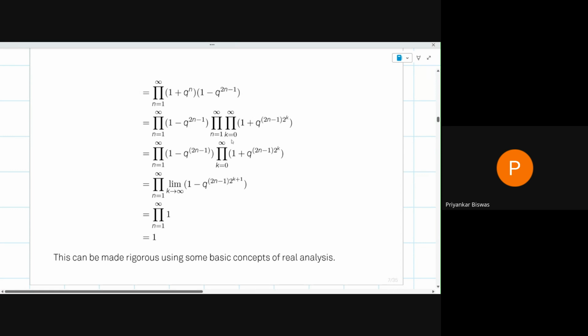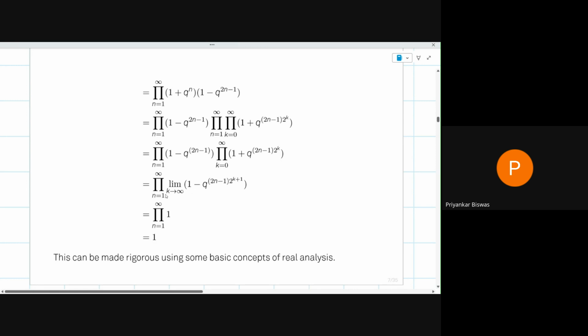So now we can write this as the product of 1 minus q power (2n minus 1) 2 power k, k from 0 to infinity, which is nothing but the limit up to some finite positive K. So you are writing this as a finite product, with capital K instead of infinity, and the limit as capital K tends to infinity.